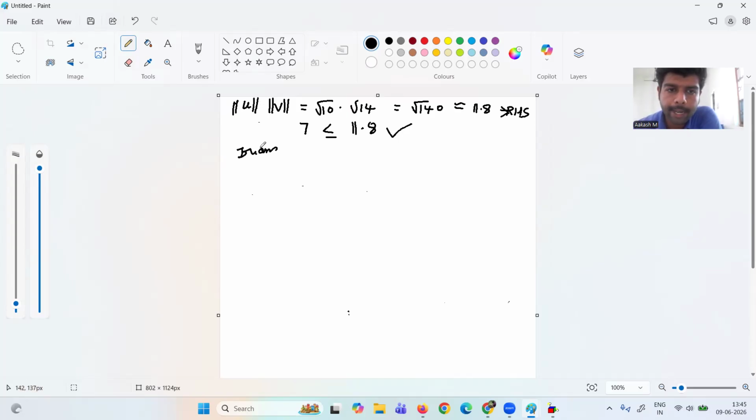What is note 4? The norm of u plus v is less than or equal to the norm of u plus the norm of v.